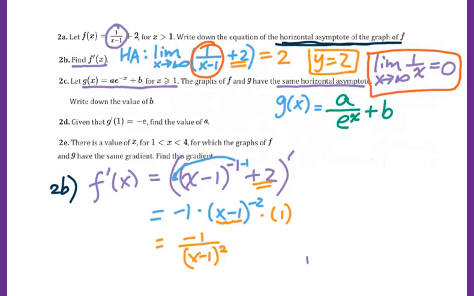For this function, we can still use a limit to figure out the horizontal asymptote line. Therefore, the limit as x tends to infinity of a over e to the x power plus b.